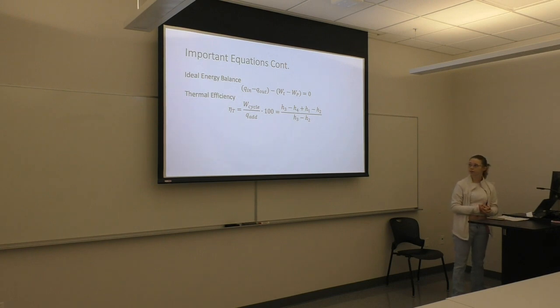Ideal energy balance, which is heat in minus heat out minus WT minus WP, which is equal to 0. And finally, your thermal efficiency, which is equal to work of your cycle over the heat added times 100, which is also equal to your entropies.